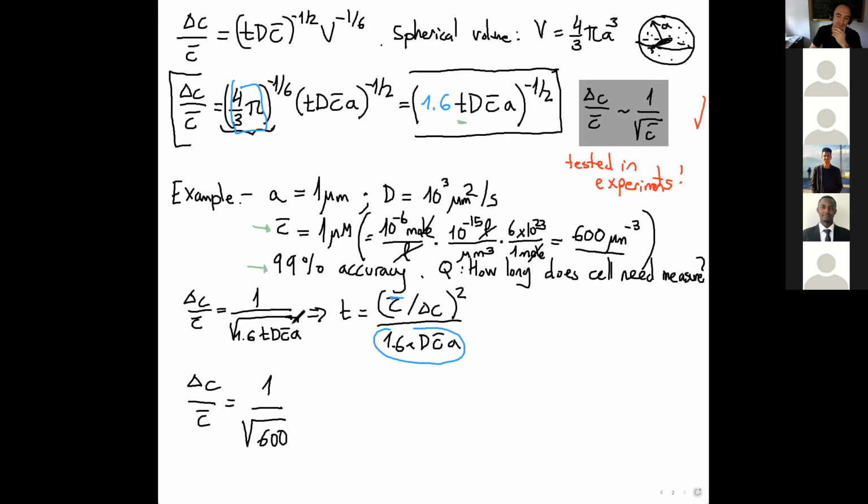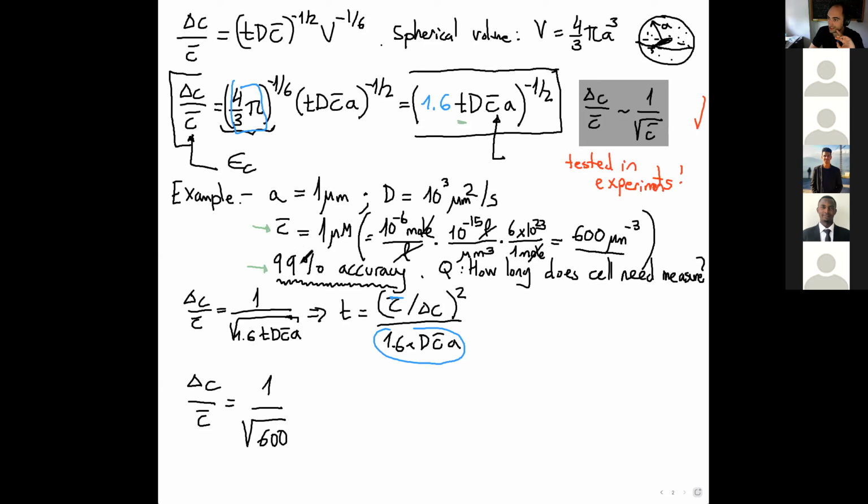Be careful with this, because what appears here in the formula is the concentration you would like to measure, and what appears here is the accuracy. I could call this epsilon c. This is the accuracy you want, and this is the real concentration. Here I'm saying I want this accuracy.